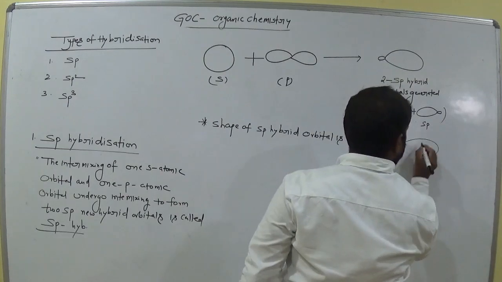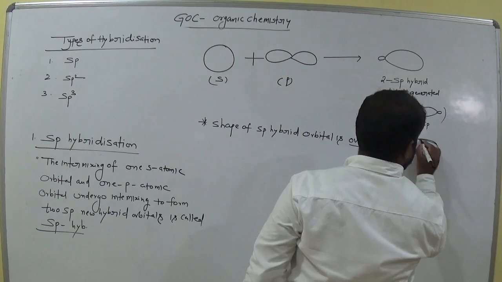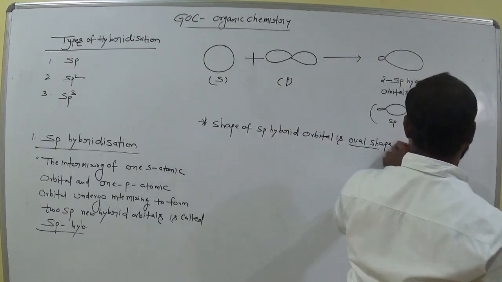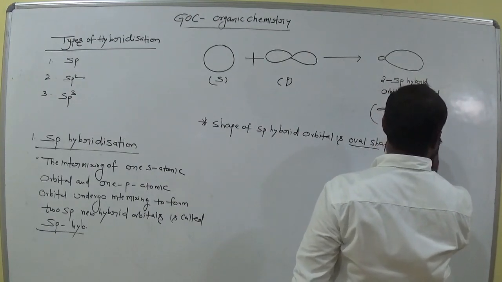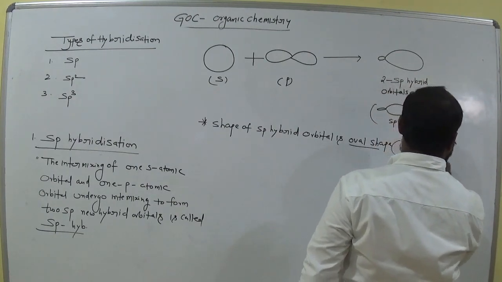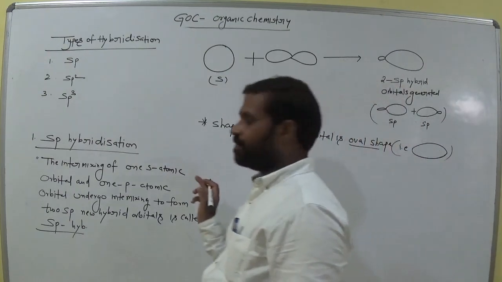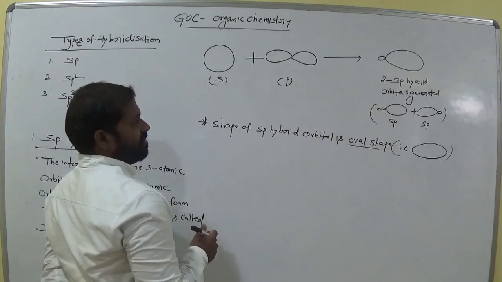Oval shape means horizontal and flat. This shape is called oval shape. It is nothing but like that, you know.